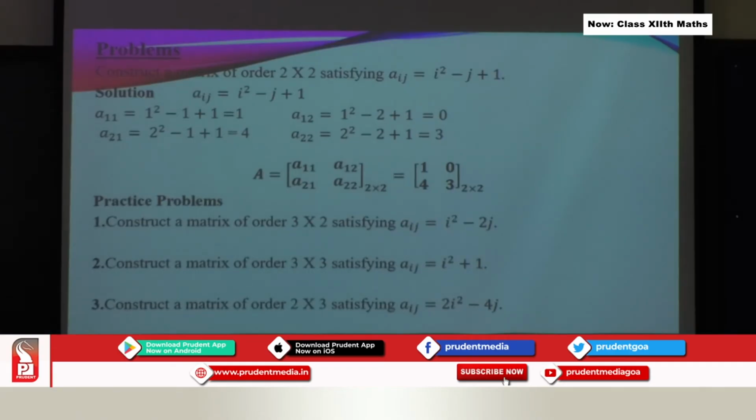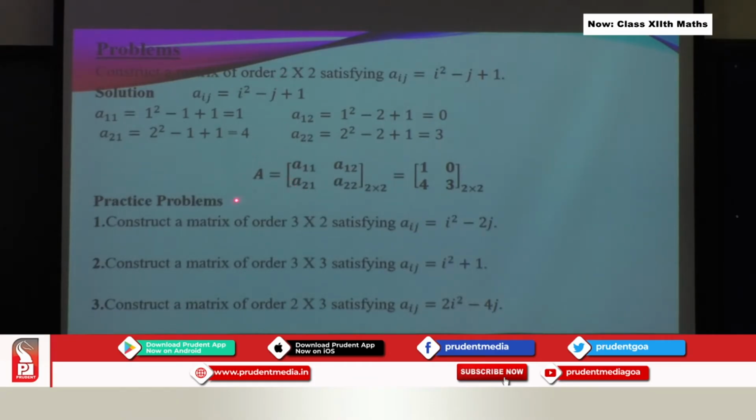Now here let us take the first problem: construct a matrix of order 2 by 2. Here I need to construct a matrix of 2 by 2, and here see, a matrix generator is given to me, that is Aij equals i square minus j plus 1. Now over here I explained all the different positions of these elements. I need to get a 2 by 2 matrix, so the number of columns is supposed to be 2 and the number of rows is supposed to be 2.